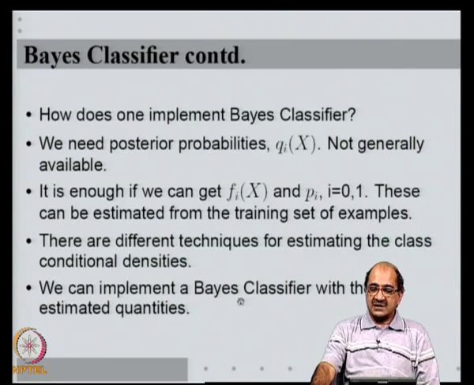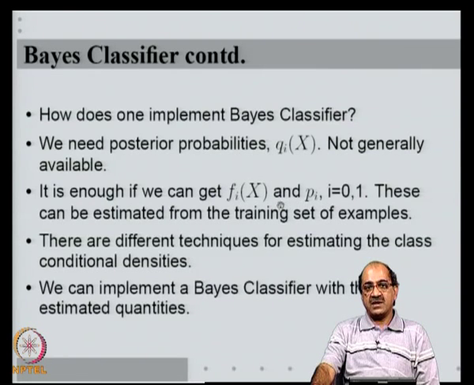But that is the best we can do. So, we will estimate the class conditional densities and prior probabilities from the training set of examples and implement the Bayes classifier. We will of course look at the techniques for estimating and also many other details about the Bayes classifier as the course progresses.